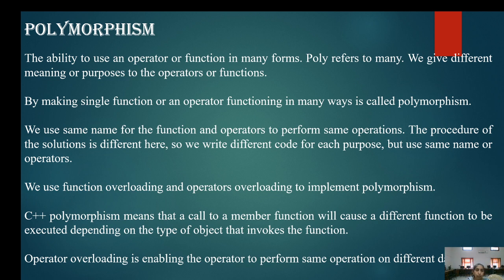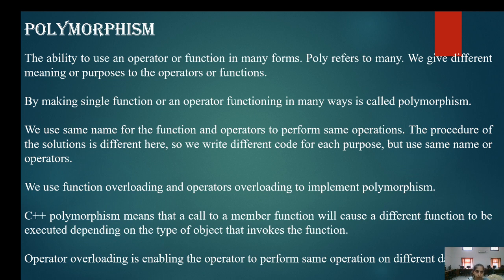For example, the plus operation is used to add two integer numbers as well as two decimal point numbers. And the process is actually different in case of integers and decimal point numbers, because in case of decimal point numbers we add two numbers according to their decimal point, while for normal integer numbers we concentrate on their least significant bit and start adding numbers from there.